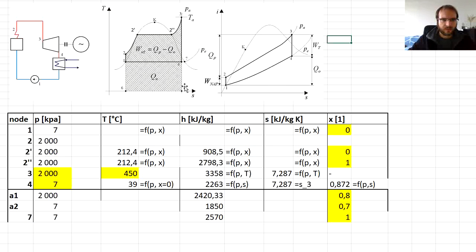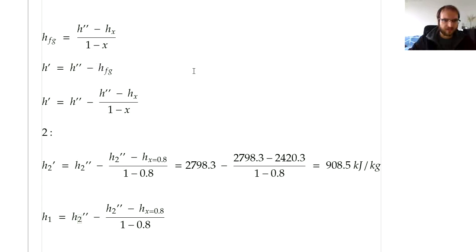Now we cannot use H4, we need to use the point at the saturated vapor line, so it's the enthalpy at point 7, H7, minus, and again H7 minus Hx, where x now was 70%, divided by 1 minus 0.7.